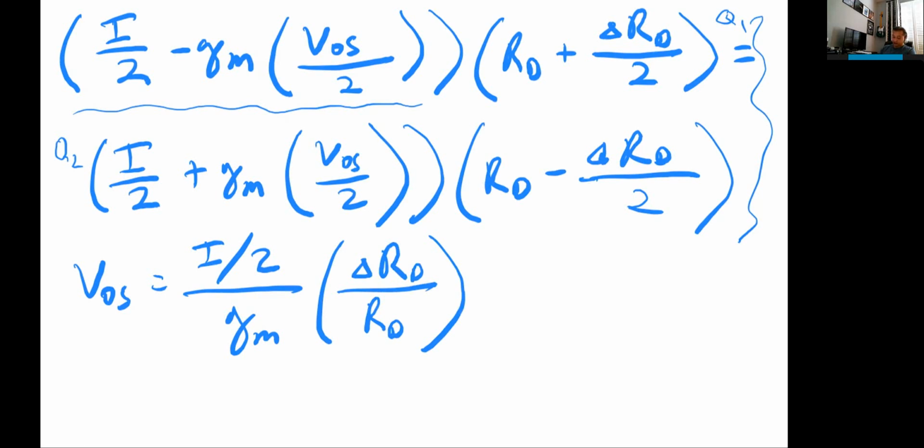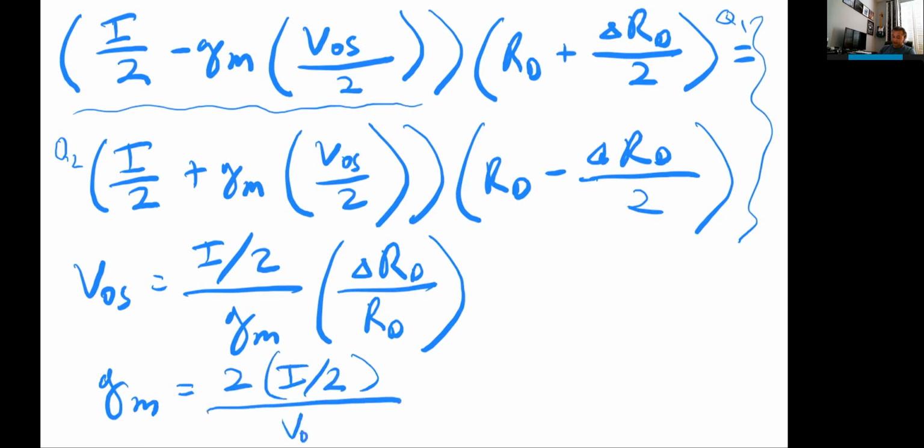Now, GM is equal to the bias current divided by the overdrive voltage, which makes this expression here.